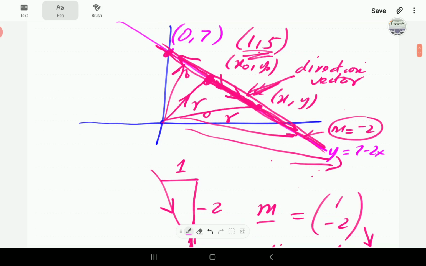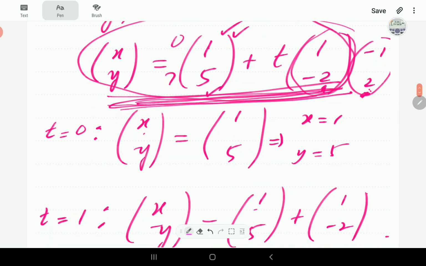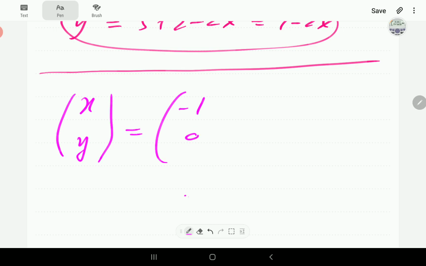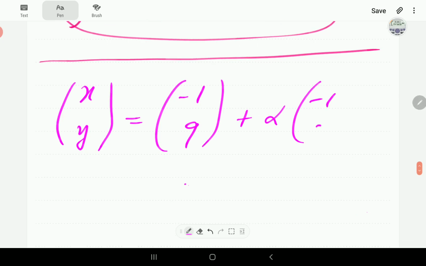Let's go for when x is -1, this thing is going to be 9. So one of the points on this line is (-1, 9). Let's go for that one as our r naught. So we are going to write xy is (-1, 9) plus, I'm going to call our parameter alpha this time, and instead of (1, -2), I'm going to go with (-1, 2), which is just the negative of the one we used before.